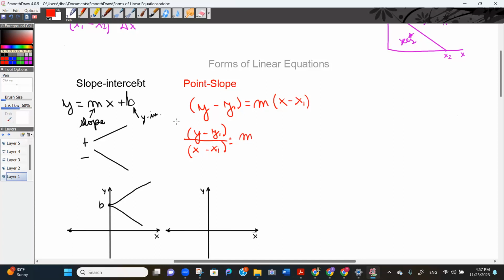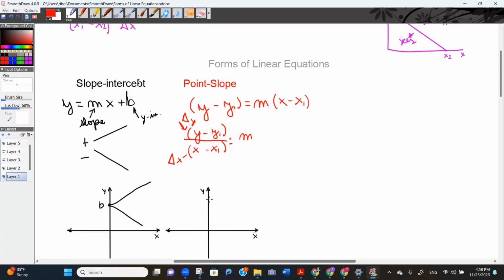That certainly makes sense, because any value of y minus the value of y1 is going to be our delta y. And any value of x minus the value of x1 is going to be our delta x. And by definition, delta y over delta x is m. So that is the easy part about this formula.